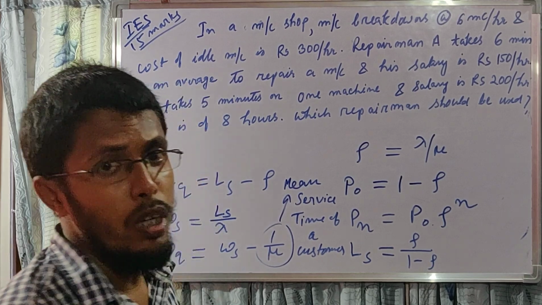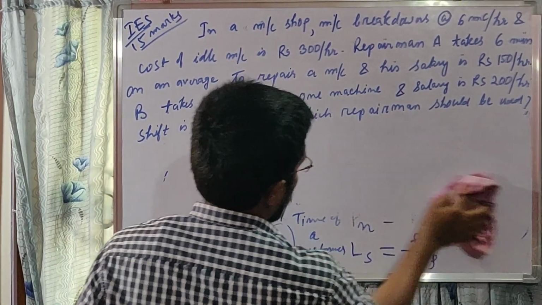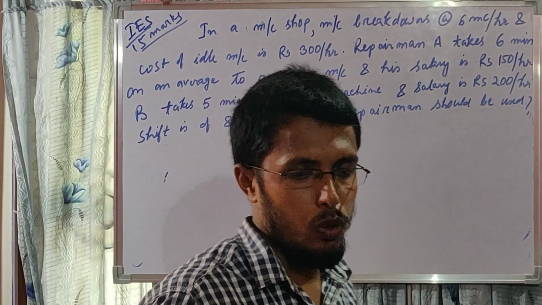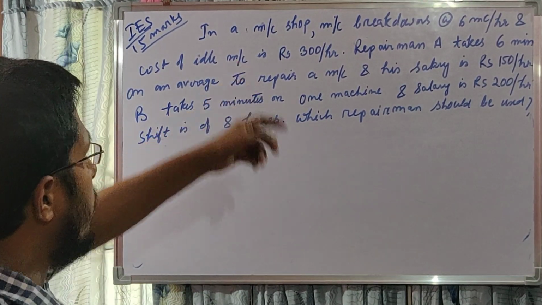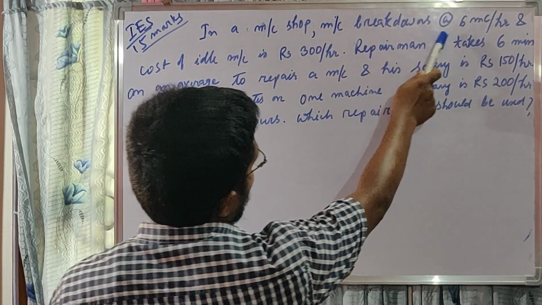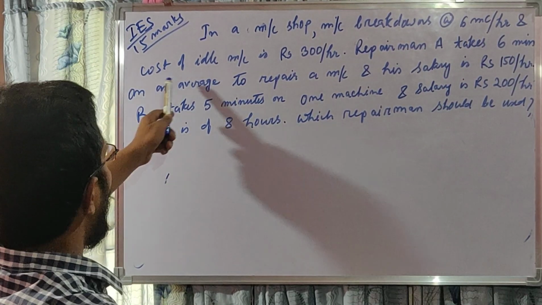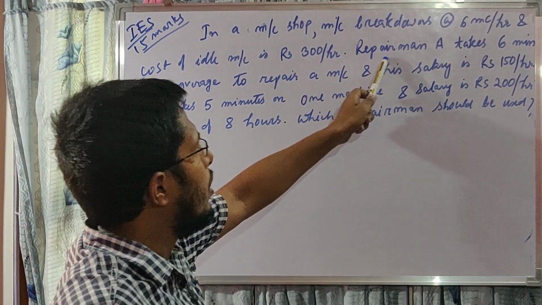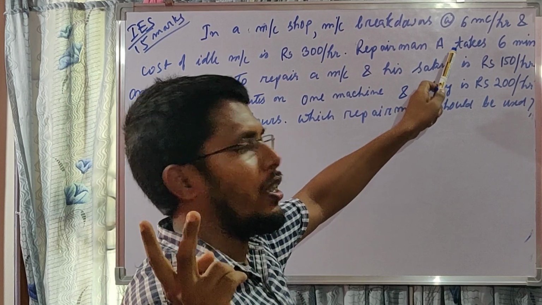Now we will solve some numericals. This is the first one. This came in IS 2004, I think, 15 marks. In a machine shop, machines break down at the rate of 6 machines per hour, and the cost of each idle machine is rupees 300 per hour. There are two repairmen, A and B, with different skills.